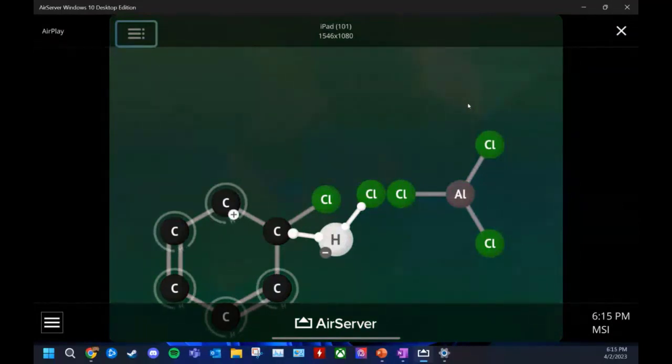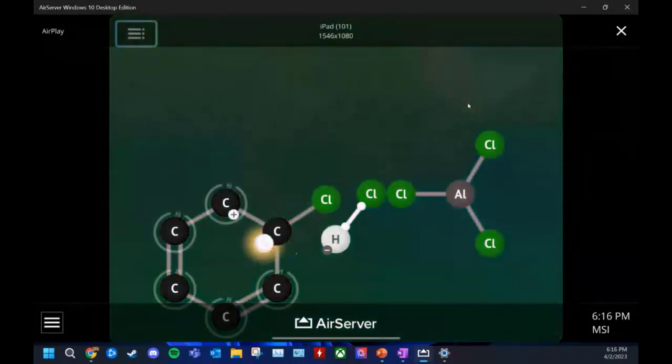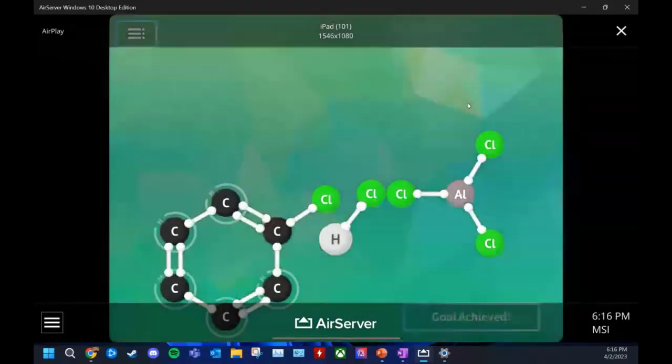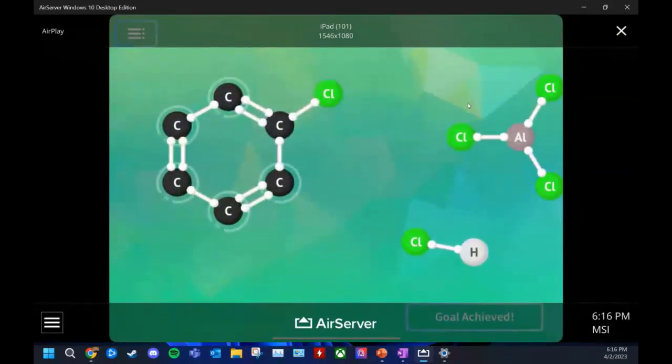It wants to remove that negative charge, so it'll return it back to the C and connect it to the carbon again. So now we have our chlorobenzene, right?